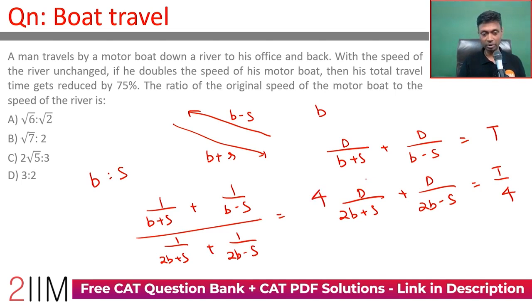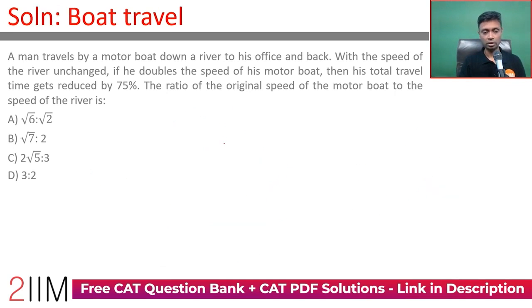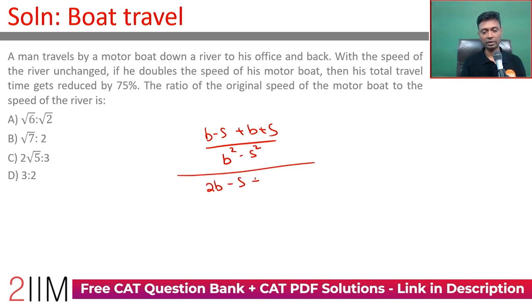Let's simplify this. I'm going to take the LCM in the numerator and the LCM in the denominator. So B minus S plus B plus S by B square minus S square, divided by 2B minus S plus 2B plus S by 4B square minus S square, equals 4. The S gets knocked off.